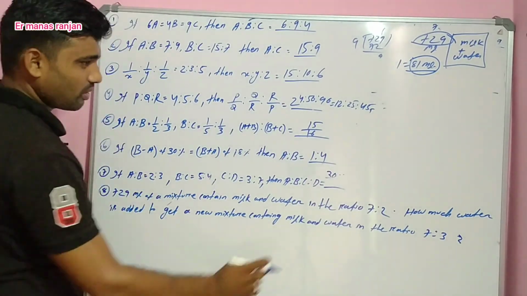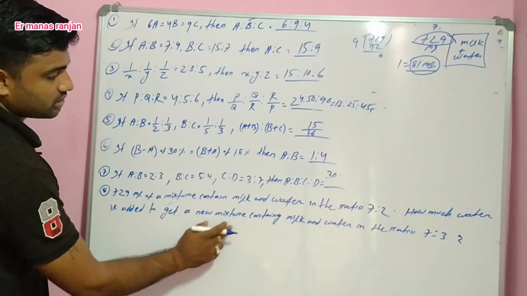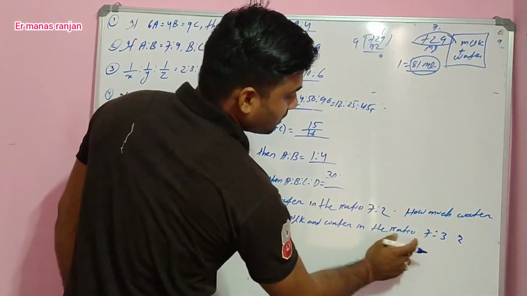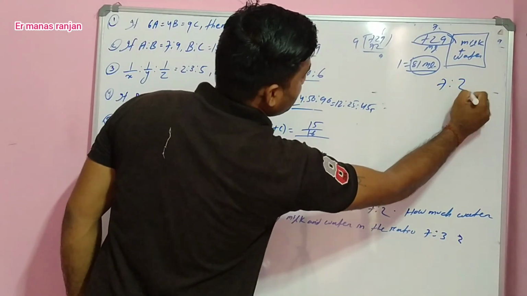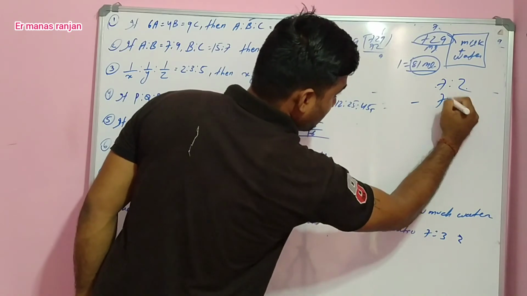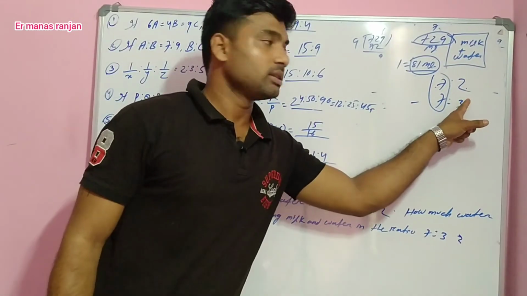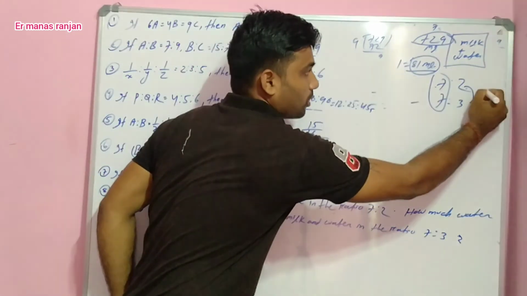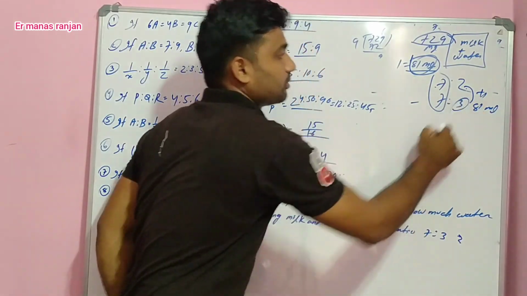How much water is added to get a new mixture containing milk and water in the ratio 7:3? Look at here. Previous mixture 7:2, new mixture 7:3. Milk is constant, water varies, plus 1 part, that is equal to 81 milliliter.